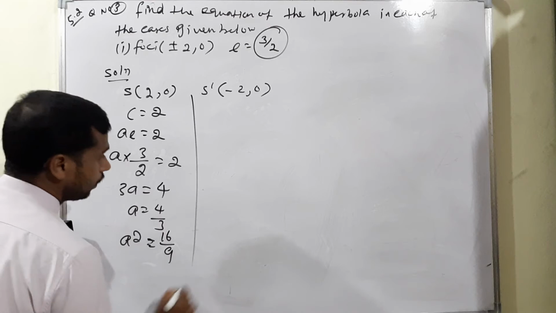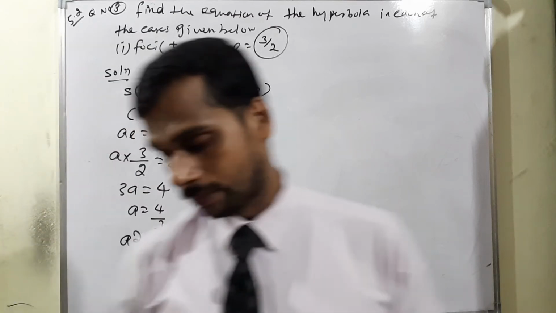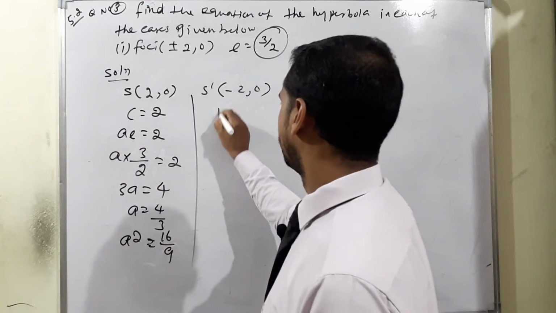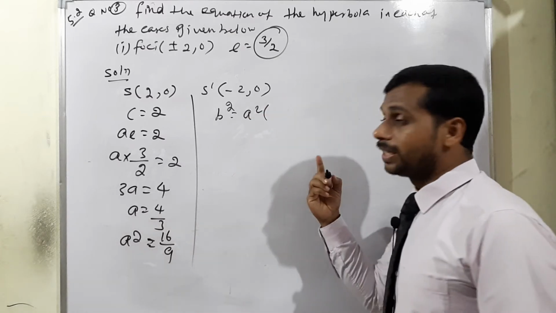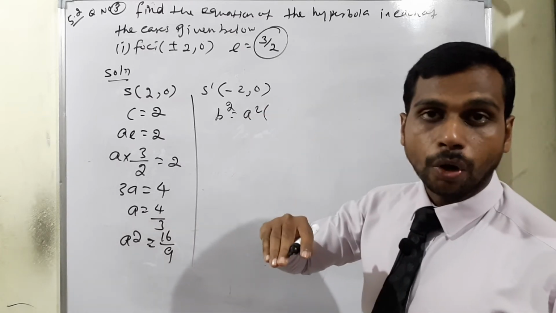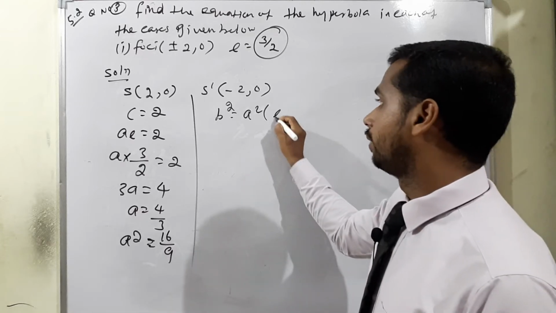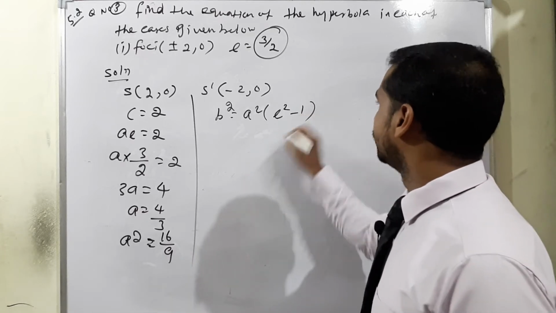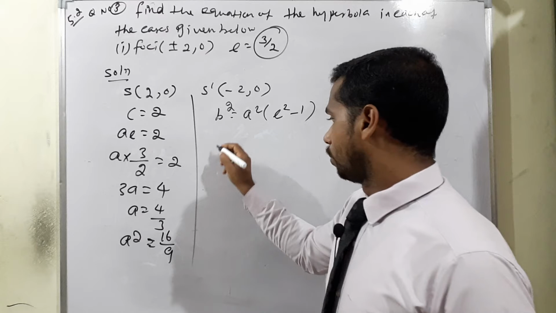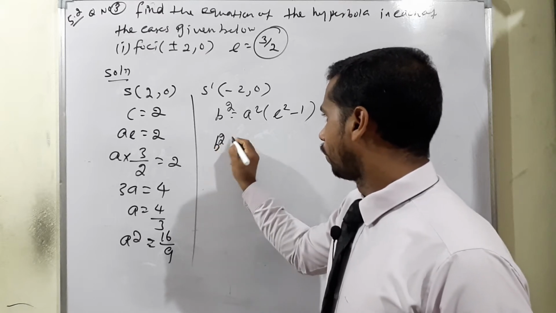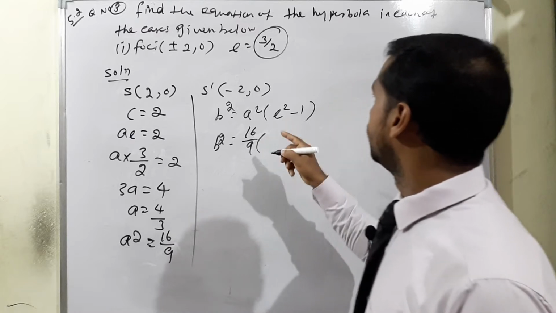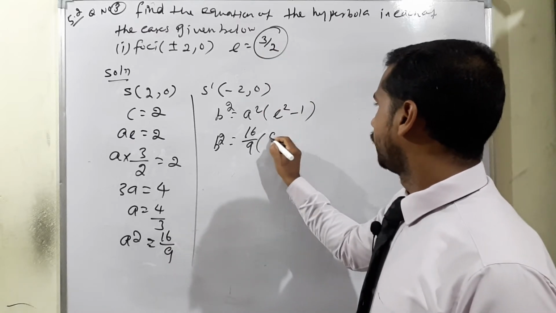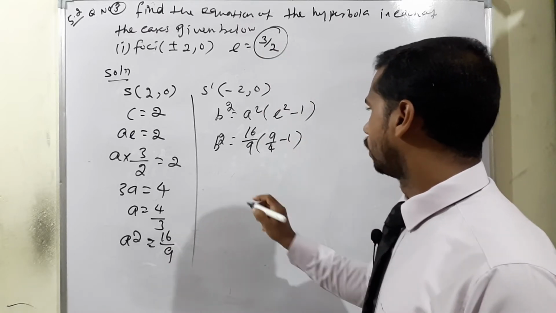First one. Then second case, eccentricity. So b square is equal to a square into, in an ellipse it is 1 minus e square, but in a hyperbola it is e square minus 1. That is the difference. We have to be very careful. e square minus 1. Therefore b square is equal to a square, which we already know is 16 by 9, then e square means 9 by 4 minus 1.